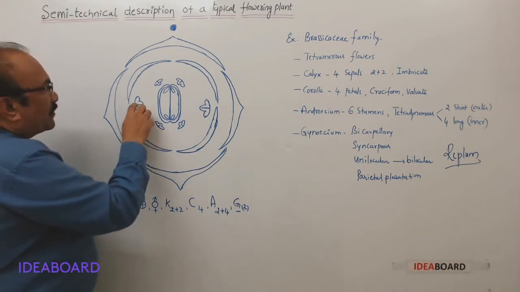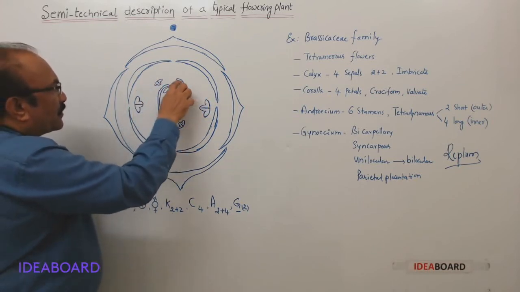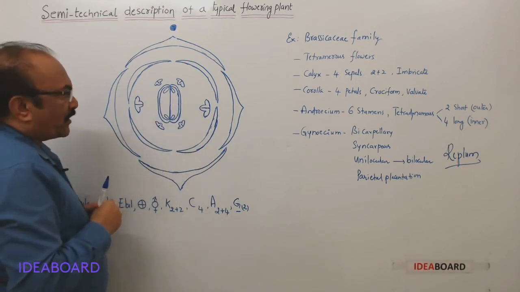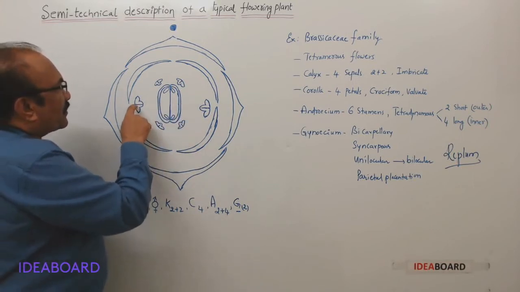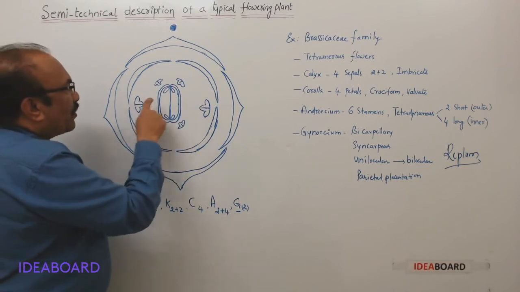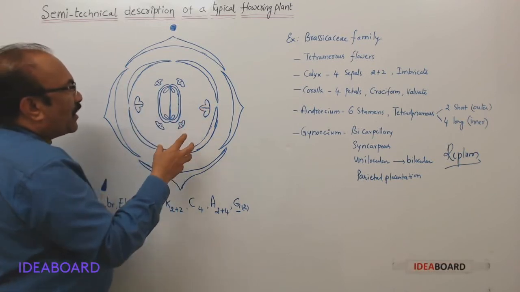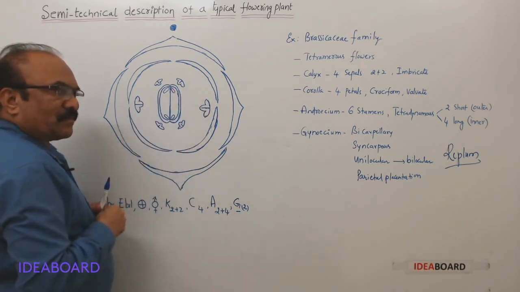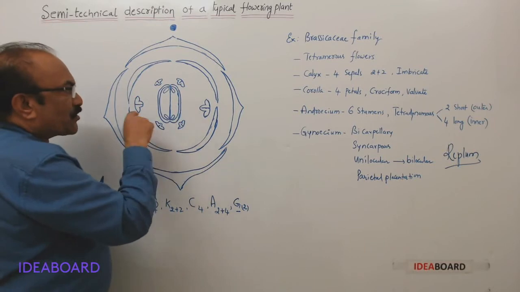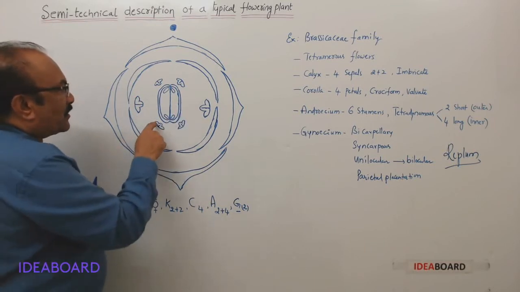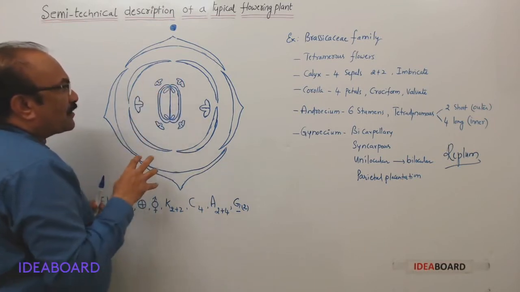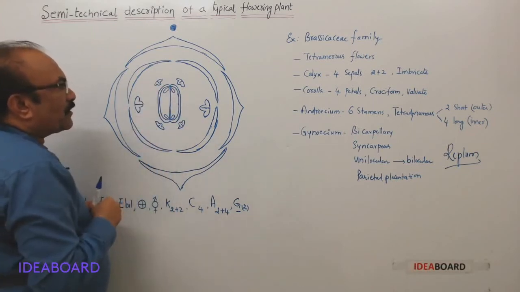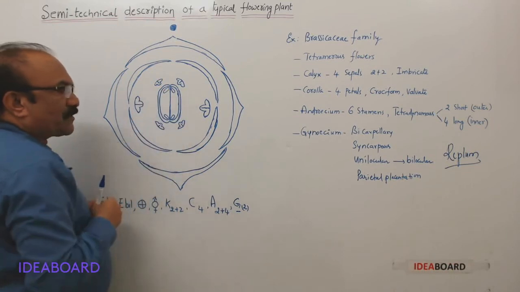And now these are stamens represented with only anthers in the floral diagram, and you can see these 2 are in the outer whorl and they are represented with the bigger anthers, and they are actually short stamens, and these 4 are in the inner whorl and they are long stamens.